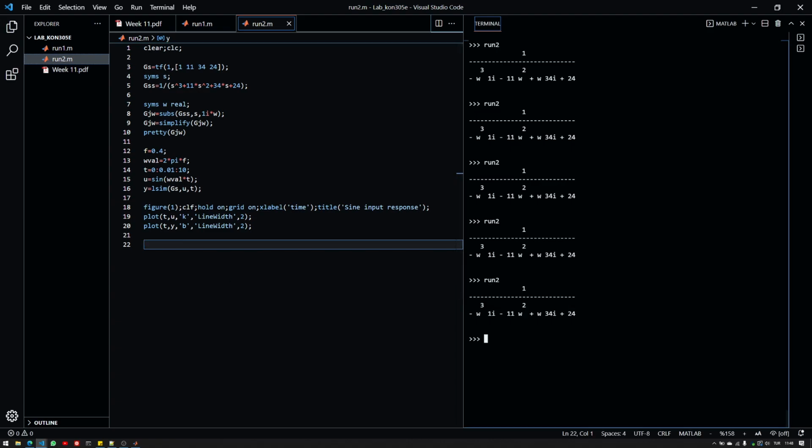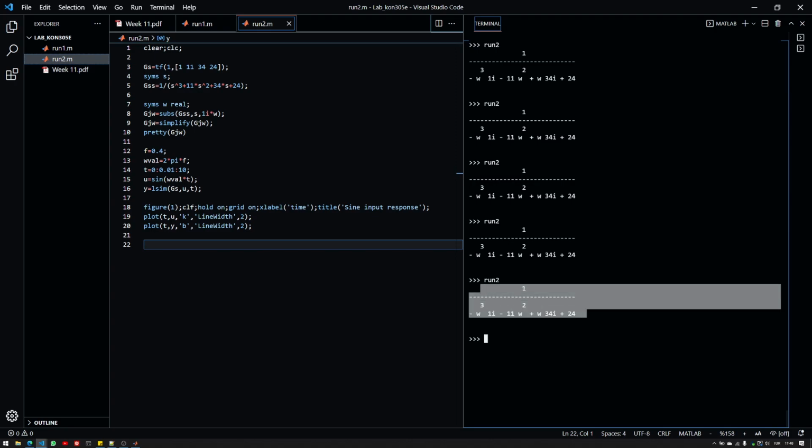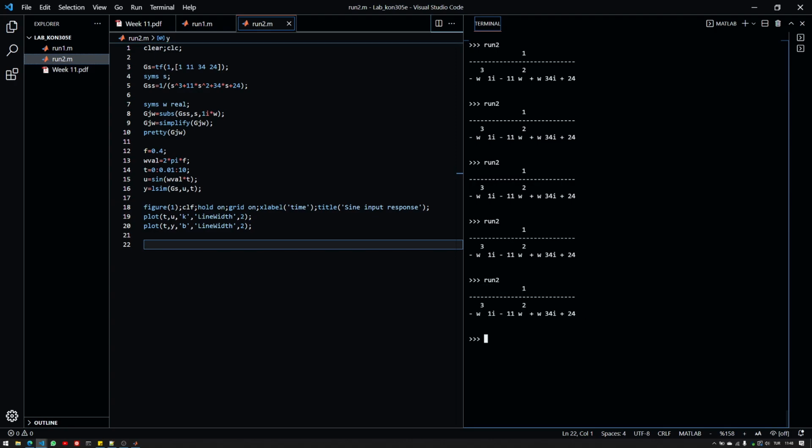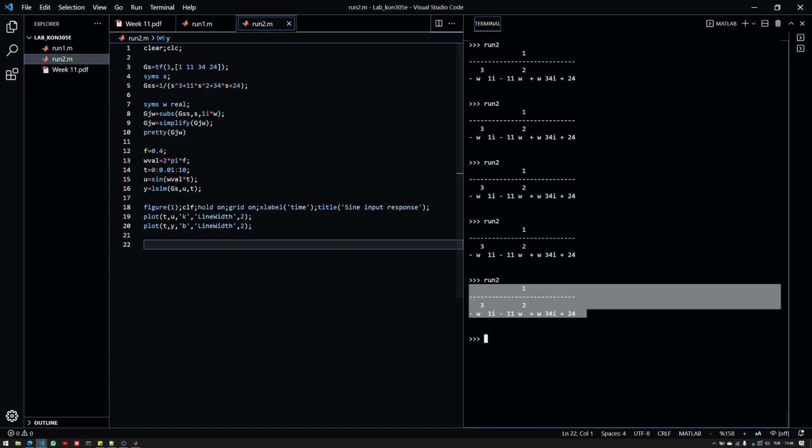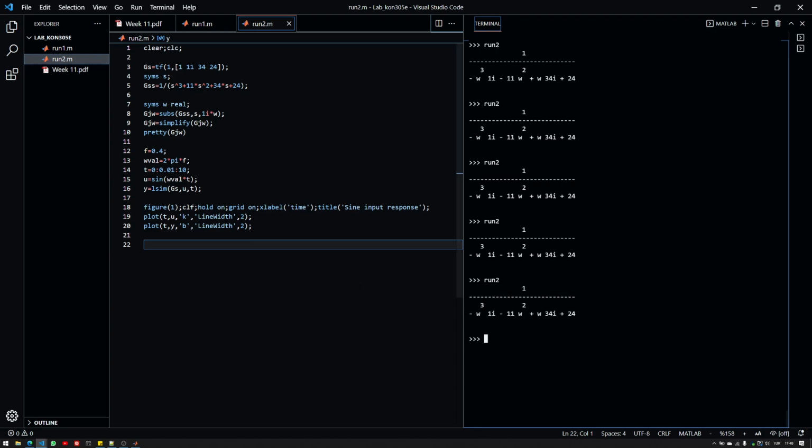Well, I've told you that if I plug omega, the frequency that I'm working in, into this complex valued function of omega, I should be able to compute what the gain and the phase of the transfer function are. Now let's do that.